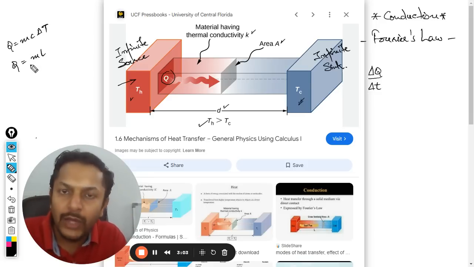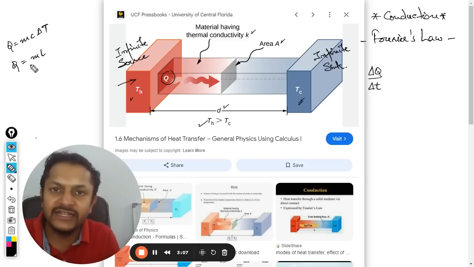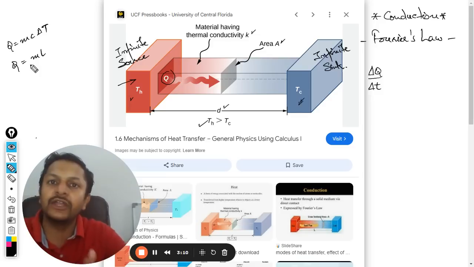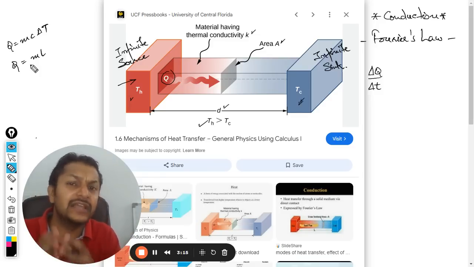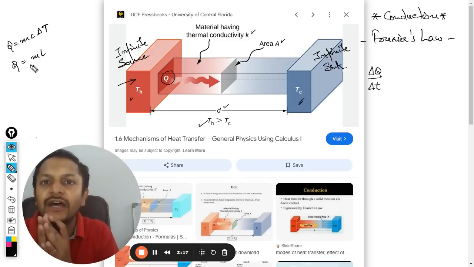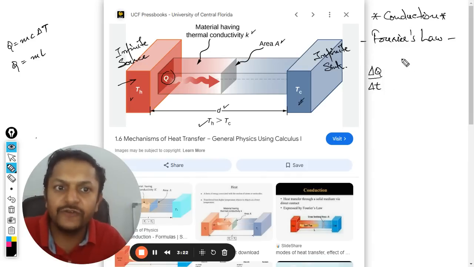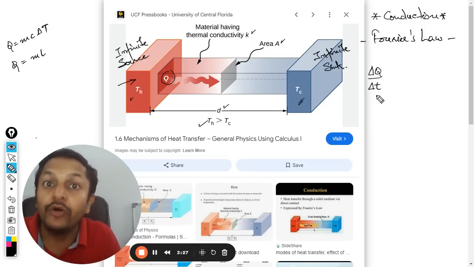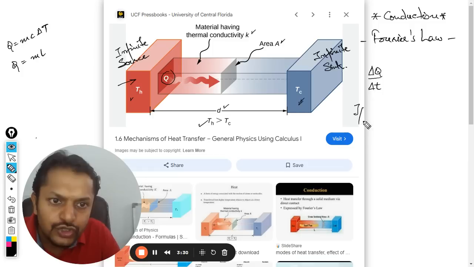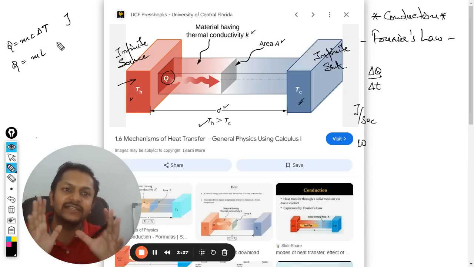In both cases it is the total energy that matters, and time is not a factor. But here we are interested in the rate of energy transfer, so basically it is power. The unit is joule per second, or watt, whereas here the unit is joule.